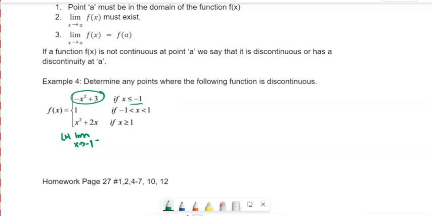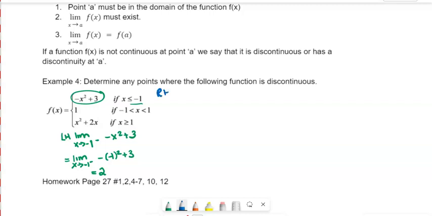And in order to do that, we're going to use the first piece of the function. Okay, so -1 squared is 1, but negative that, so -1 plus 3 is 2. Okay, so there's our first limit.